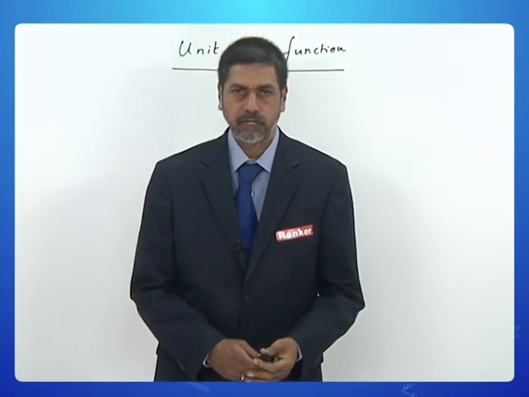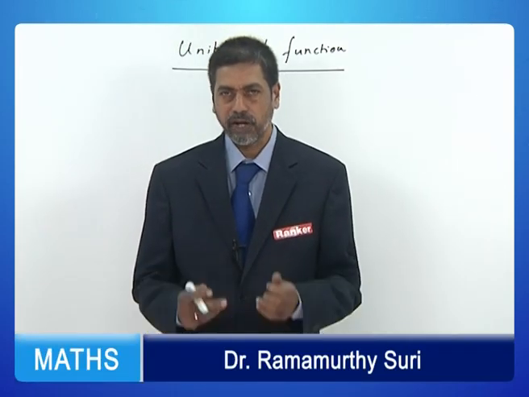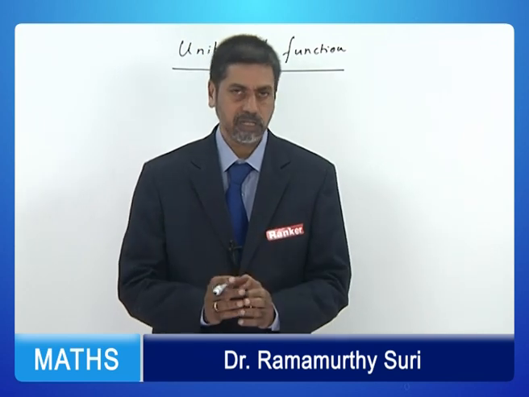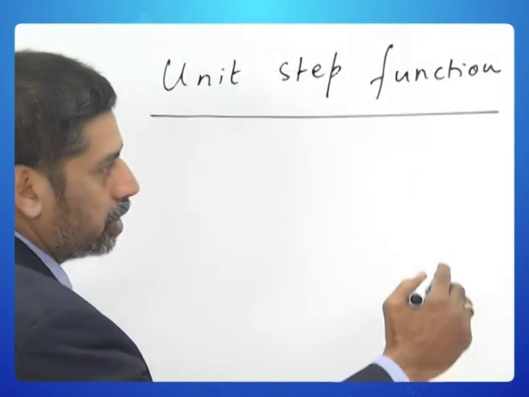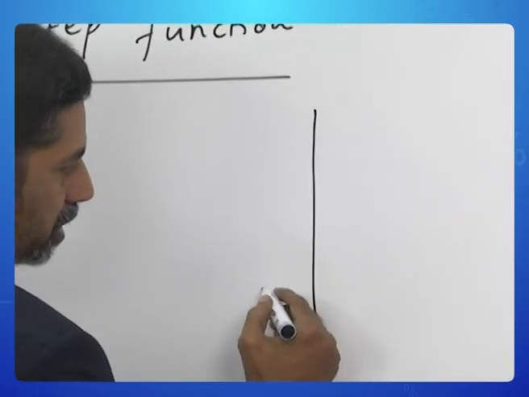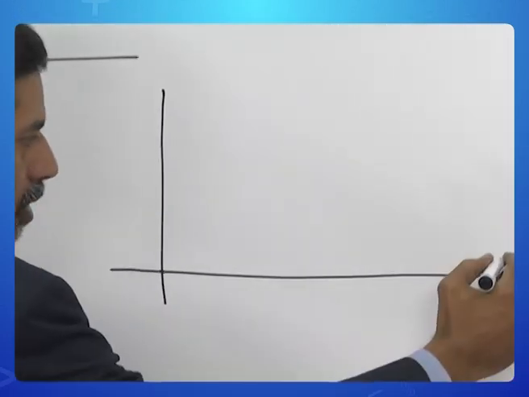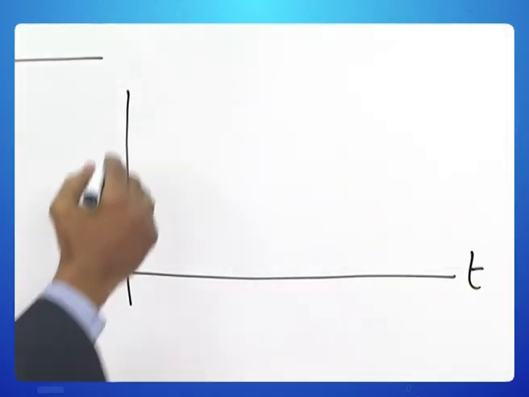Now let's take a very simple situation where I am taking a rectangular pulse and I want to find its Laplace transform, right? So the signal that I have selected is drawn on the time axis.